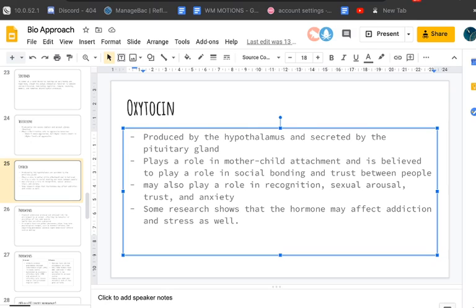Then we have the monoamine oxidase alpha gene, the MAOA gene. It's an enzyme that breaks down neurotransmitters in the synapse, so it controls levels of the neurotransmitter. The MAOA gene sends signals from the cells to produce the MAOA enzyme.